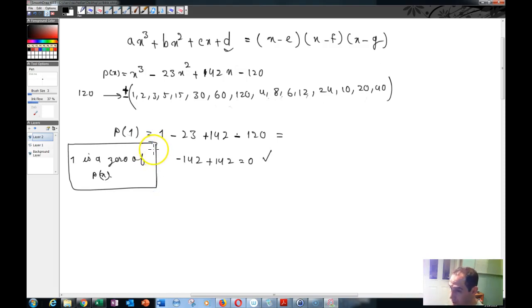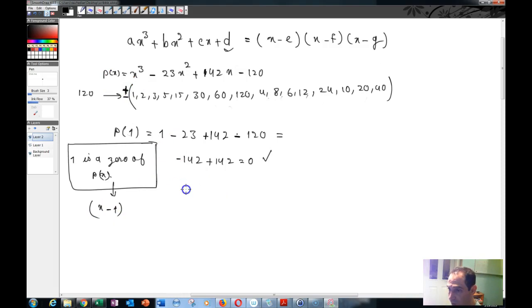So that means that you can write your p of x, which is this polynomial over here, as some polynomial times the factor related to this 0, which would be x minus 1.